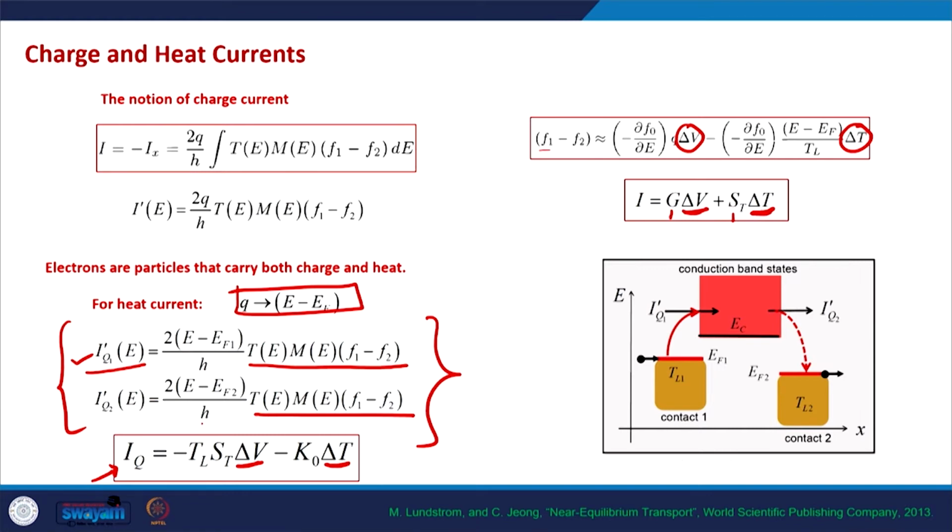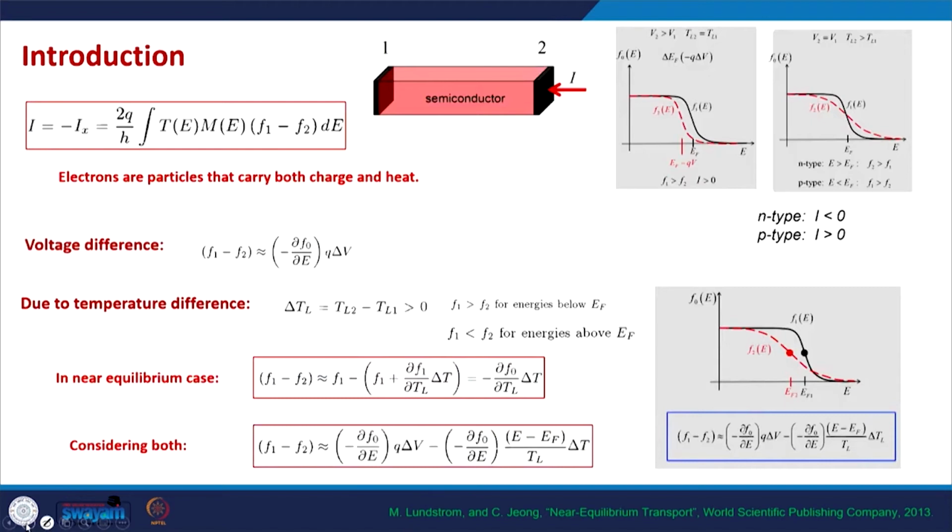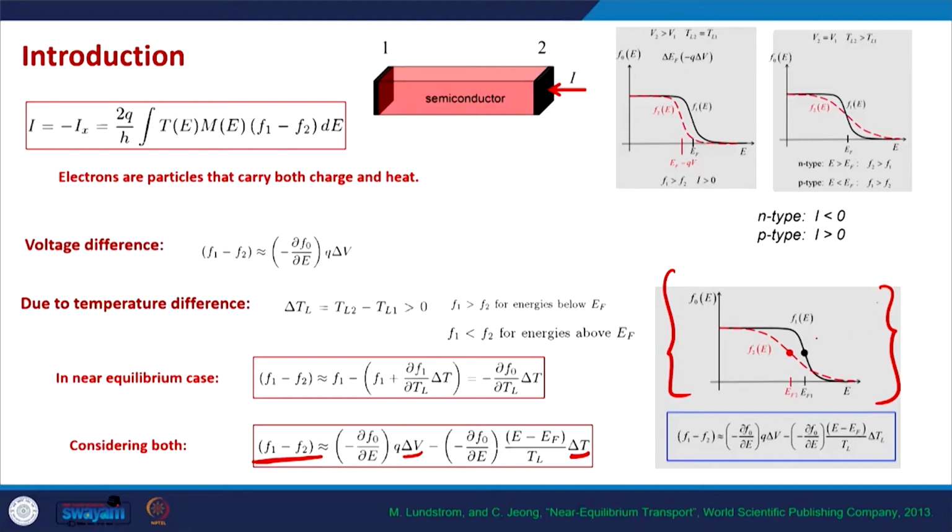Okay. So this analysis we have already done, because F1 minus F2 we have analyzed in our previous class. It is dependent both on voltage difference and temperature difference, because from this picture we can see that the Fermi function is a function of both temperature and Fermi level, and Fermi level is dependent on the applied voltage.